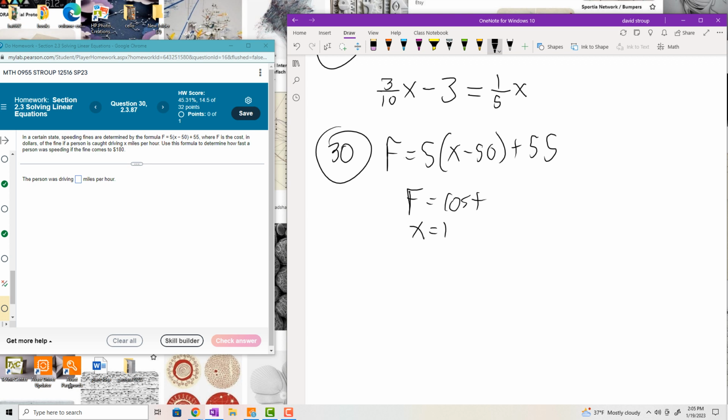X is number miles over speed limit. Okay. So in this problem, it says use the formula to determine how fast a person is speeding. So that's the X value if the fine is $180. So they're basically telling you F is 180, find X.